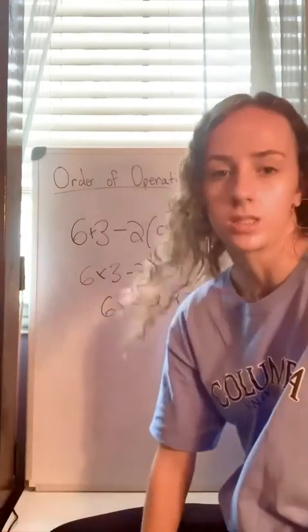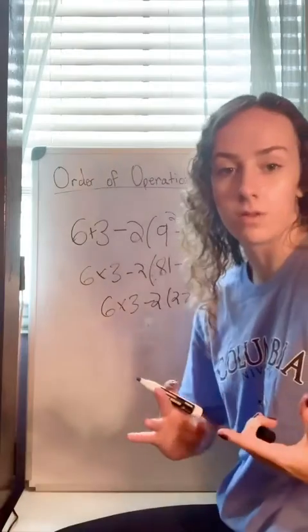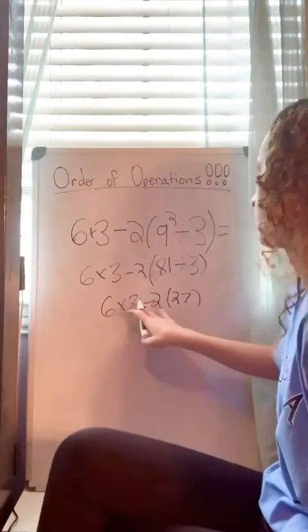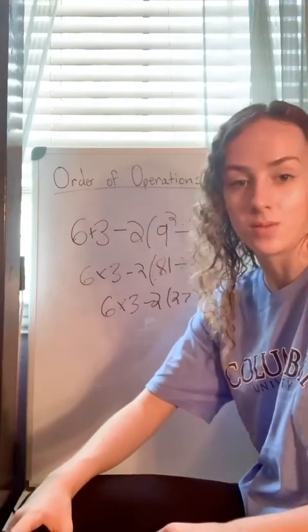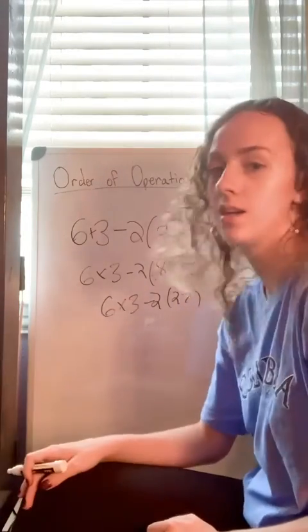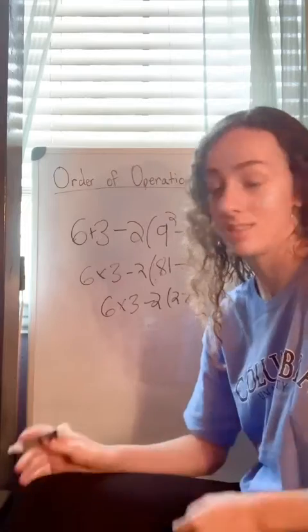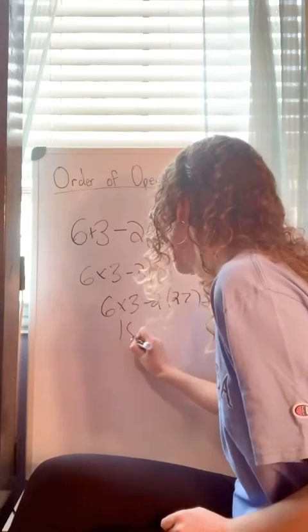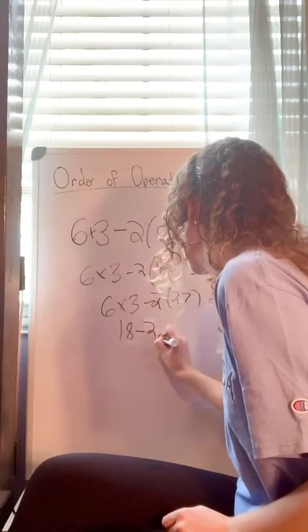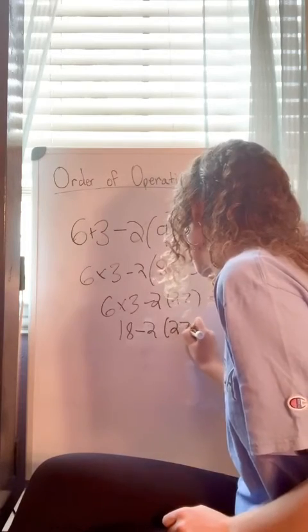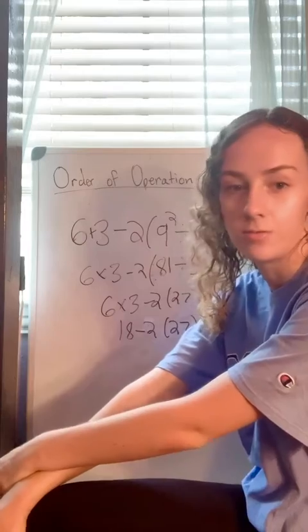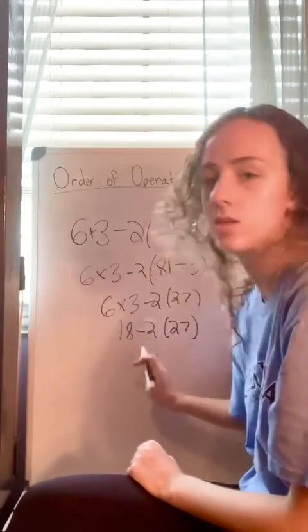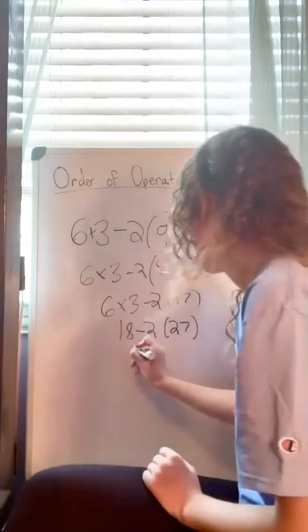And remember, we're going to go in PEMDAS order now that we've simplified our parentheses. This can also be rewritten as 2 times 27, but we're going to keep this in PEMDAS order. 6 times 3, that's 6, 12, 18. So 18 minus 2 times 27. 2 times 27 is 54, but since there is a negative sign, it's negative 54.